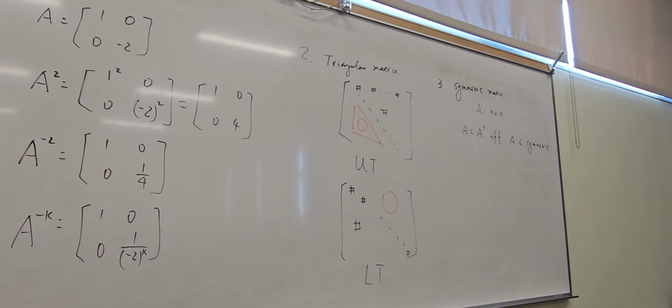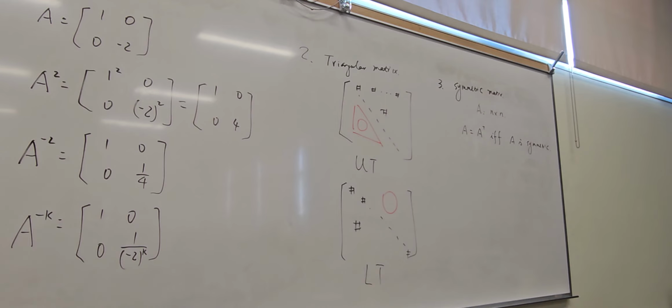Number 26. Let's see what the answers do. Number 26, they said find all values, the unknown constants, for which A is symmetric.